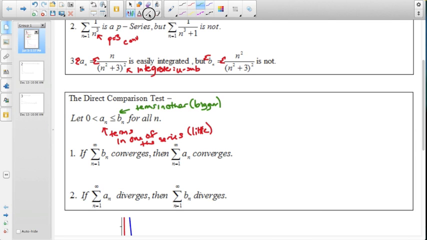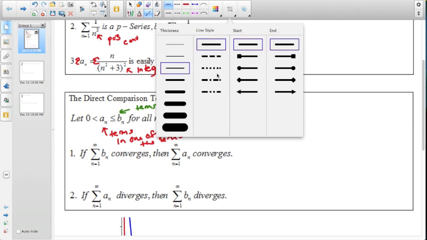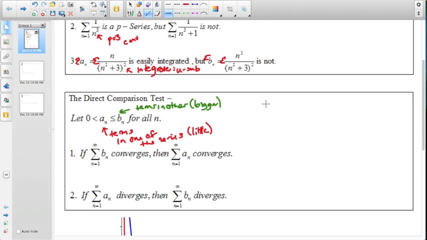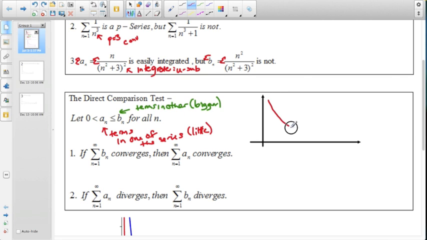If we just draw a quick sketch here, we have a sub n, which is the littler of the two, so it might look something like this. And b sub n, which is the bigger of the two, so it might look something like this.